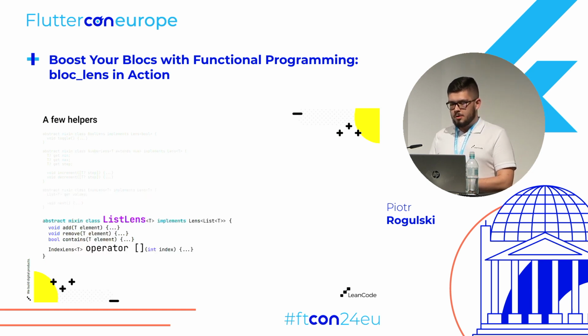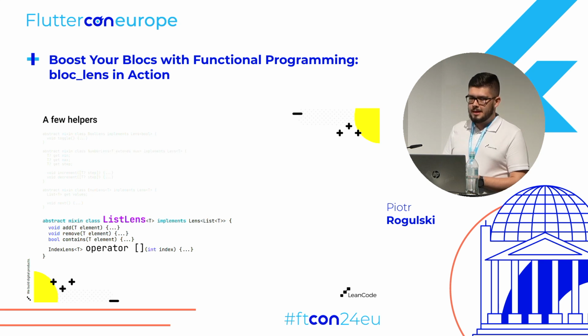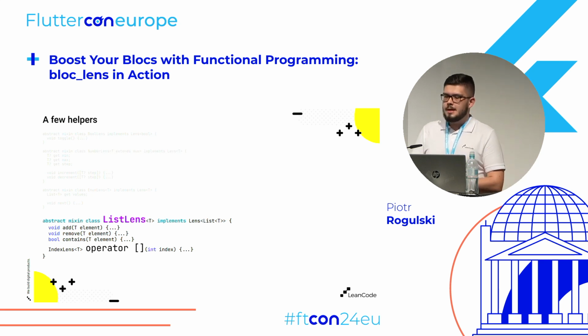For more complex use cases, we have a ListLens that allows you to peek into the list and get the value at a specific index. Nothing really fancy. Regular lists can do that. But it also provides methods to update the list.